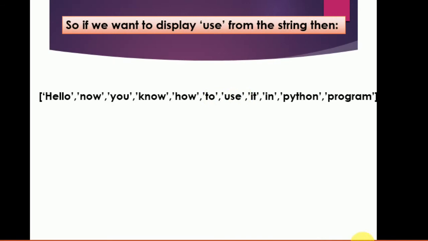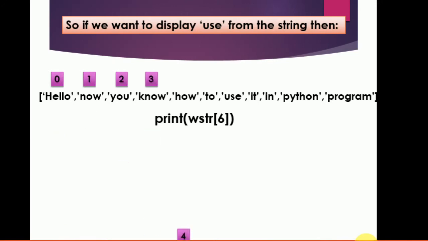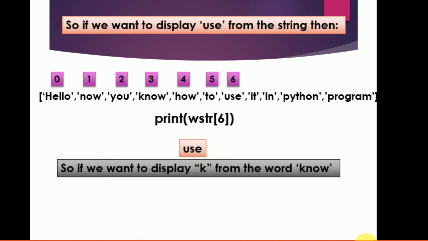Now if I show you WSTR of 6, 0 1 2 3 4 5 6, it's going to display use. Now if I want to display k, it is in the third row and k is at the first position, means 3 by 0. So the line is going to be 3 by 0. This 3 is the row number and 0 is the column number of that particular word.